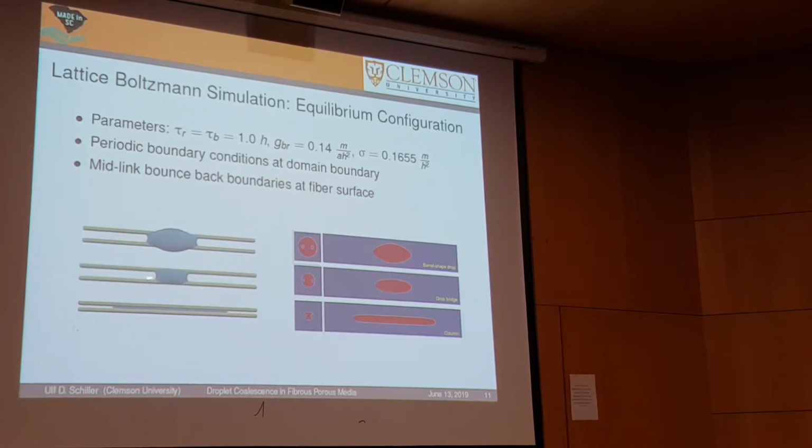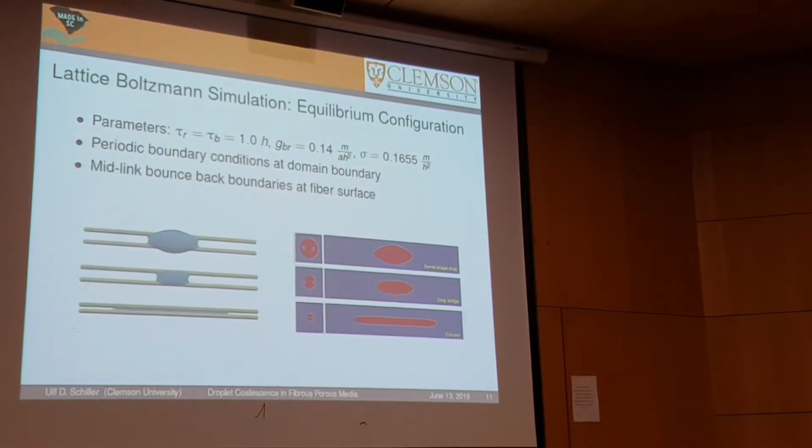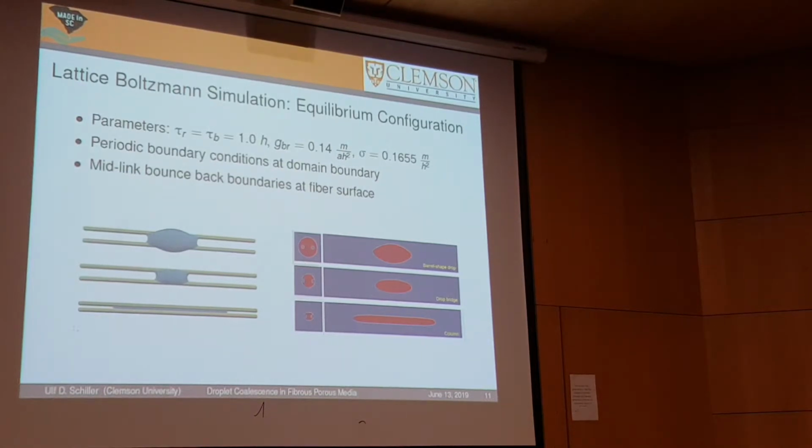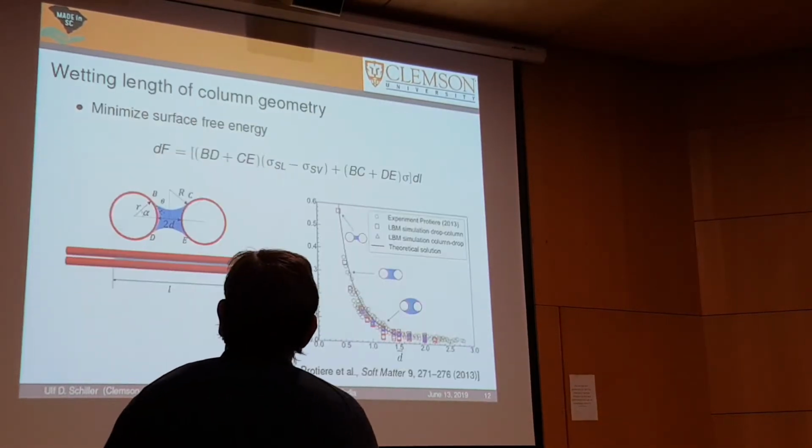That's when most of the liquid is in between the 2 fibers. As you can see here, there's nothing on the outside of those 2 fibers anymore, but it's still a convex surface, so it's still round to the top in between the fibers, whereas then it transitions to a droplet column where the interface goes from first flat and then to concave between the 2 fibers. So these are the 3 different morphologies we wanted to look at.